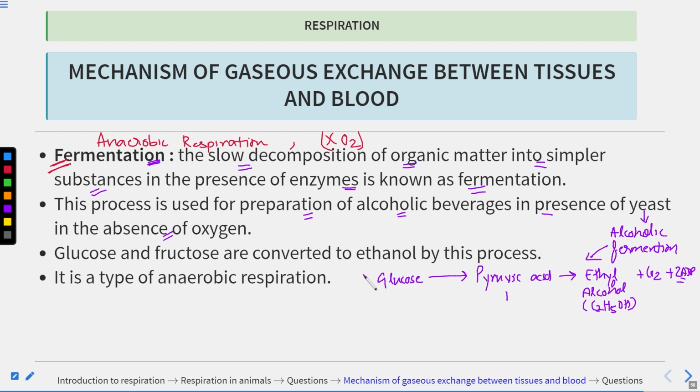Now another one is lactic acid fermentation. What happens in lactic acid fermentation? Pyruvate or pyruvic acid, which is produced by the process known as glycolysis, is converted into lactic acid, plus carbon dioxide and 2 ATP are also generated.